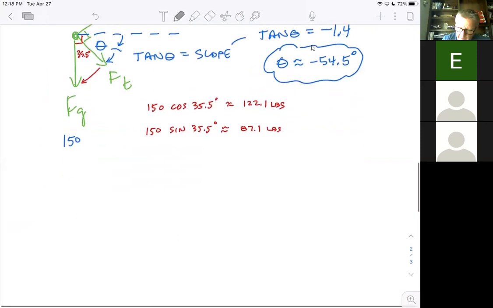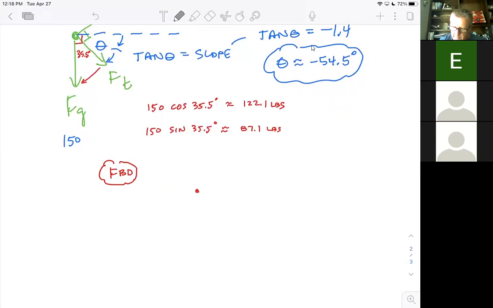So now I feel like I can draw a free body diagram in case I need it, and it seems like I'm going to. So I've got this force going down the hill, that would be the 122.